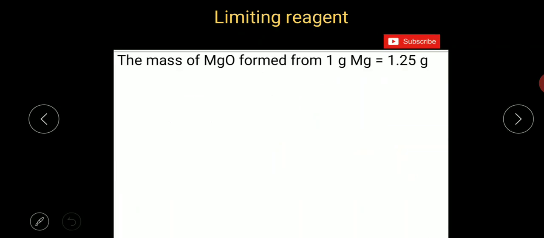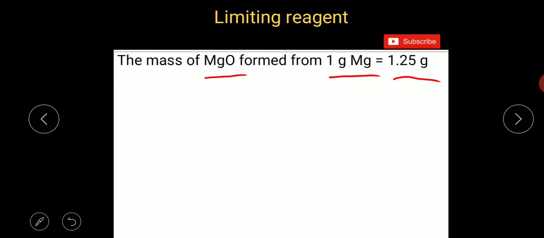But what is the mass of magnesium given? Only 1 gram. So from 1 gram of magnesium, you will get 1.25 grams of magnesium oxide.